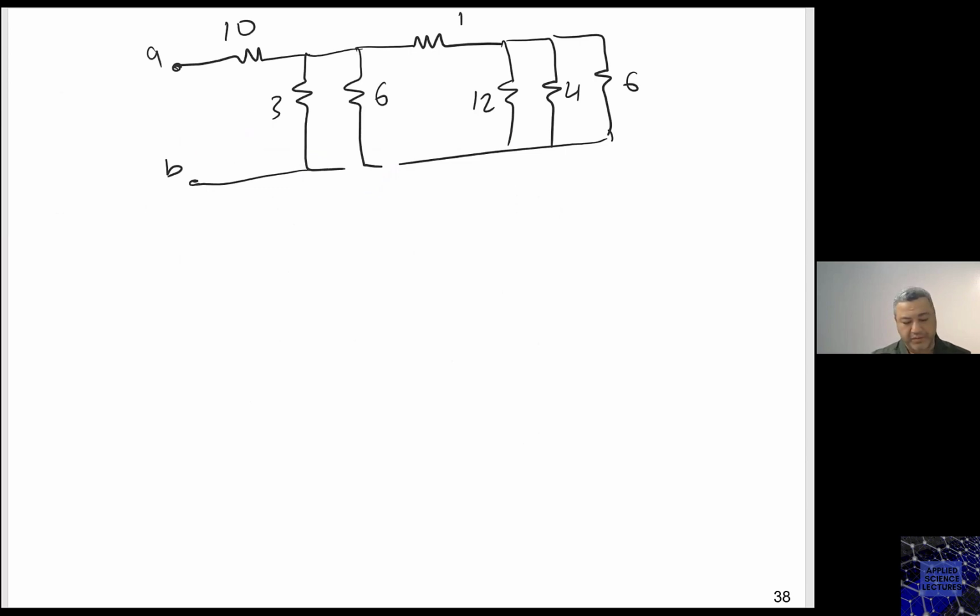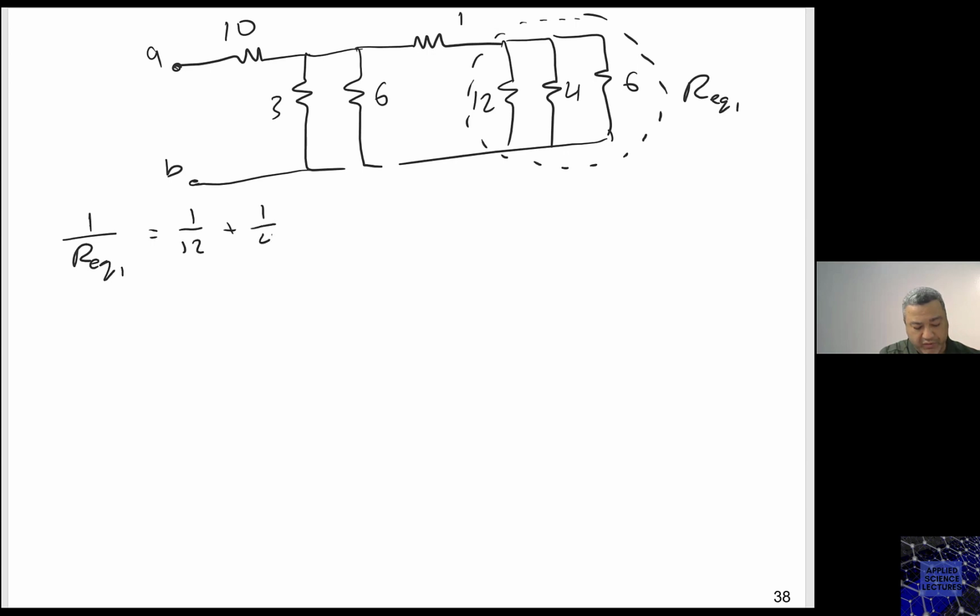Okay, so now what I can do, I can find the R equivalent for those three that are in parallel. Let me call this one R equivalent 1. So 1 over R equivalent 1 is 1 over 12 plus 1 over 4 plus 1 over 6.